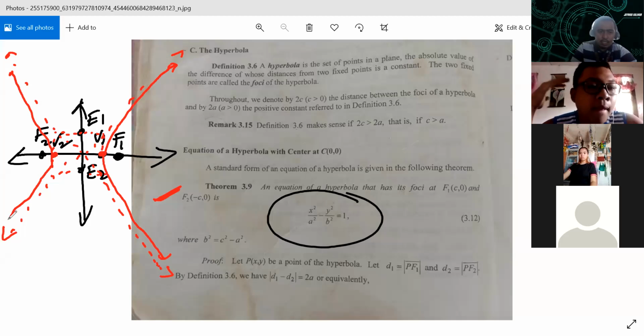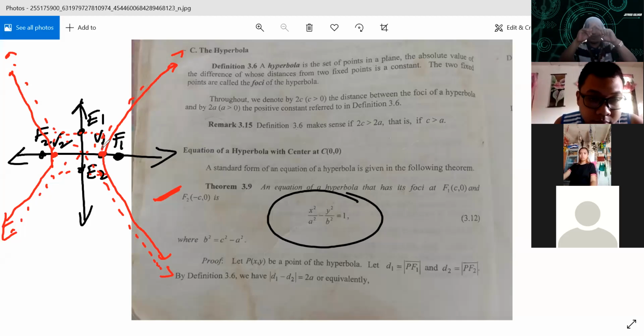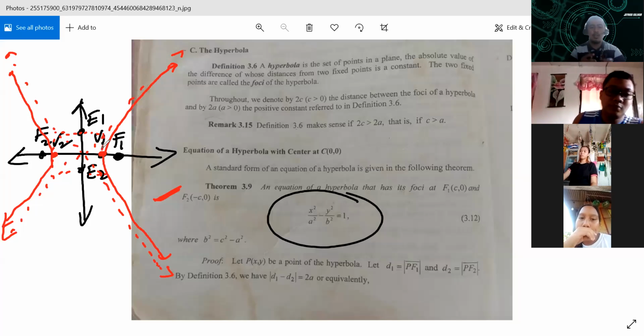So, class, if you want to graph your hyperbola, you should have your extremities and vertices. Again, you draw an imaginary rectangle, then draw the diagonals to serve as your asymptotes, then you can now construct or sketch your hyperbola.